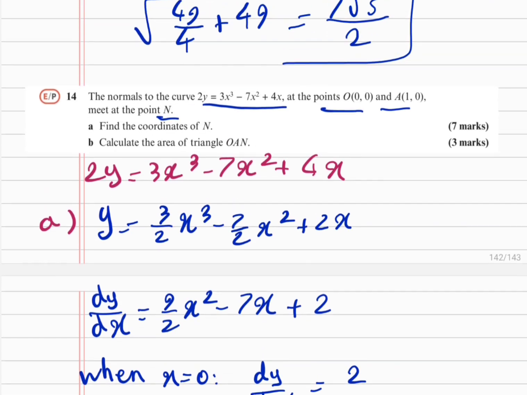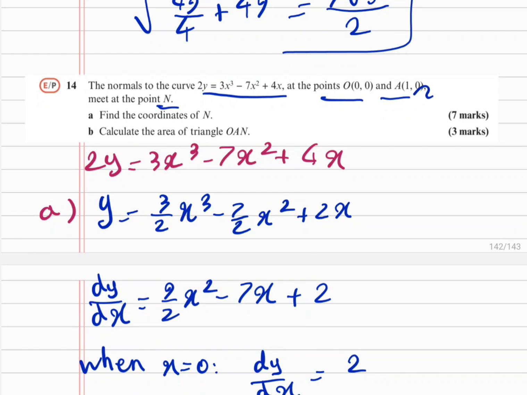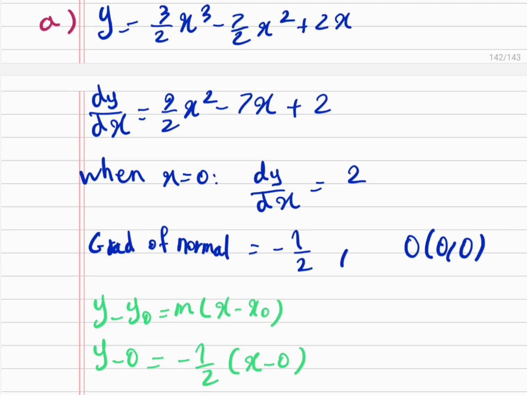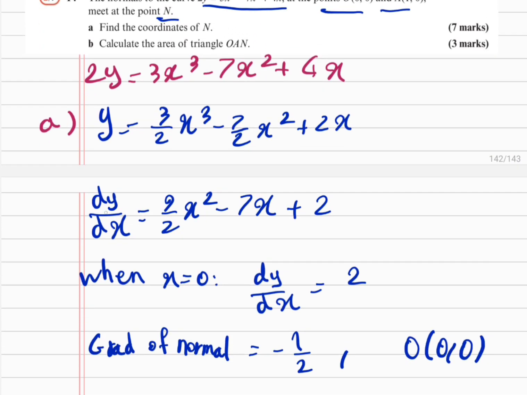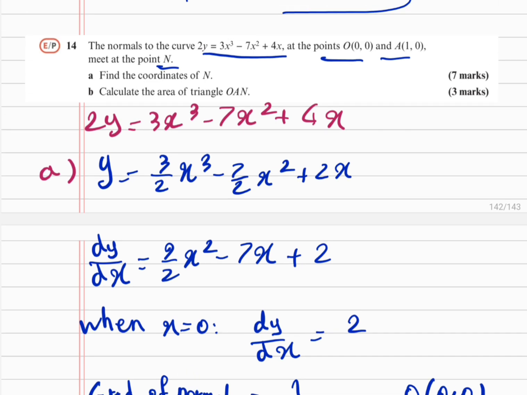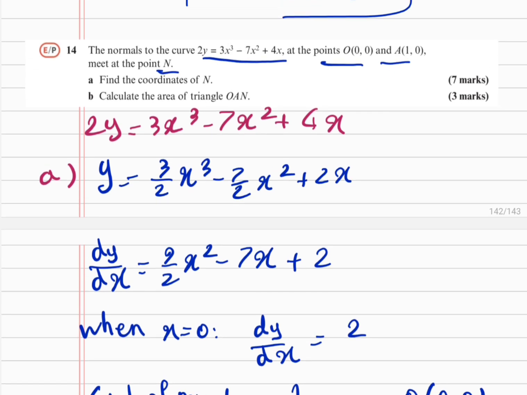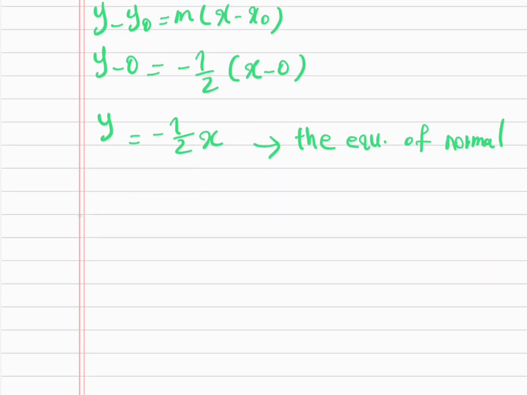Remember that we also have another point, so we need to find the equation of the normal at the point (1, 0). We use this dy/dx equation for both normals. To find the gradient of the second normal, we substitute 1 into dy/dx.